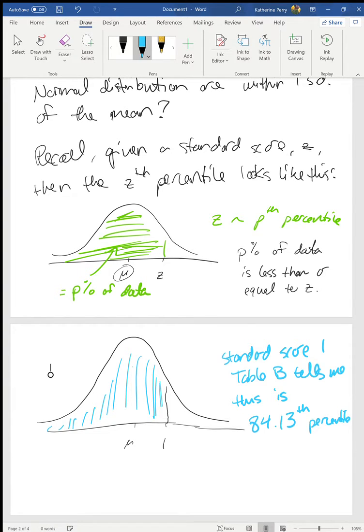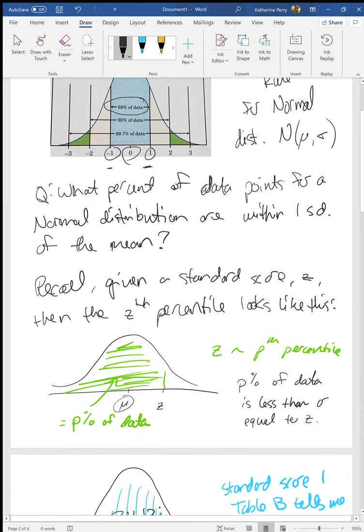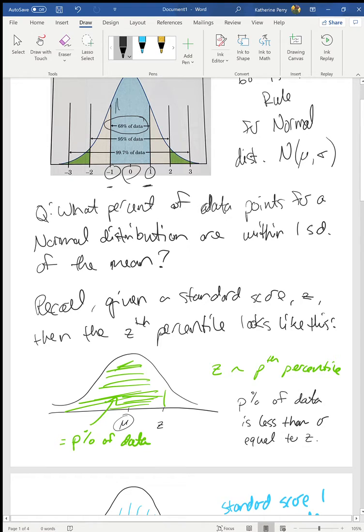So that tells me then that 84.13% of my data is in this blue range, which would mean then that approximately 16% is over here to the right. Okay, but what I'm really interested in is this blue range here.